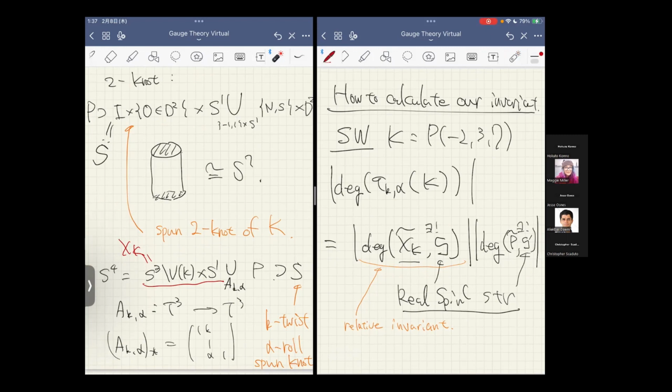If small k is even, then the double branched cover of this 2-knot is given by the following. Let X_K be this four-manifold with boundary, and the tilde of X_K is the double cover of this four-manifold given by the double cover of the meridian of this knot.